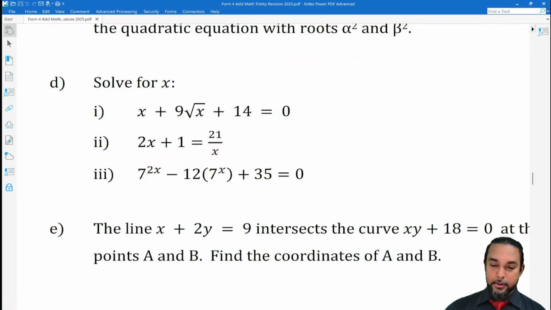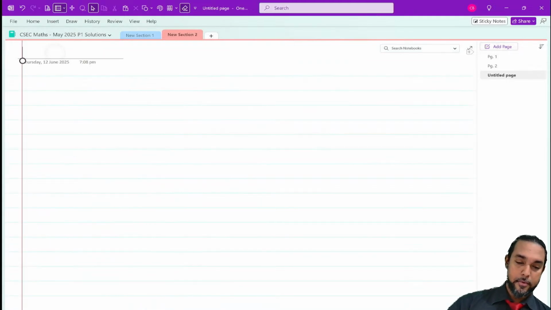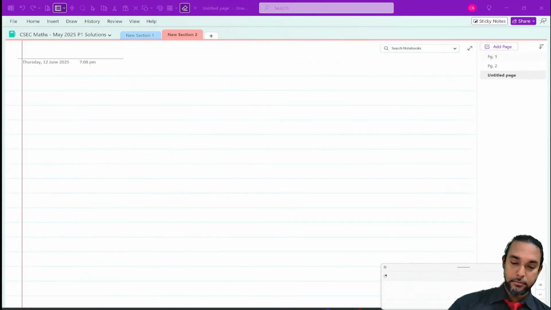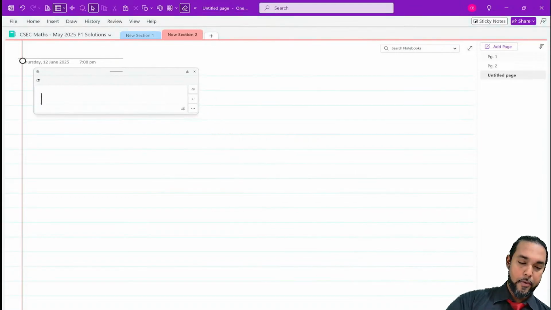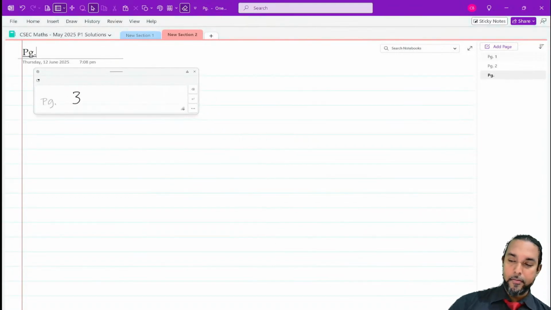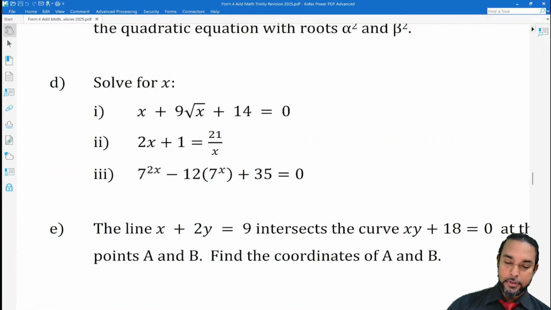All right, cool. So the last one here was 7 to the power 2x minus 12 by 7 to the x plus 35. Okay, interesting. 7 to the 2x minus 12 by 7 to the x.